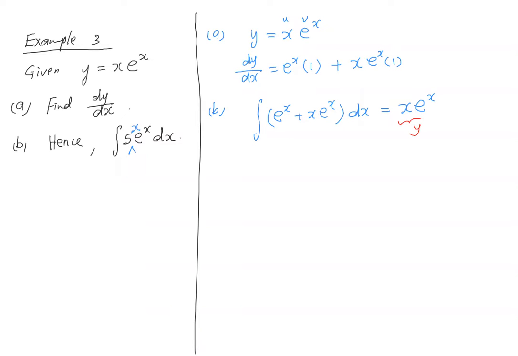So you are using this concept. This is your dy dx. This is your y. Are you okay? Done. So now there is an addition here. So what can we do? We can split into 2 parts. Please, every part you have to put a dx there.